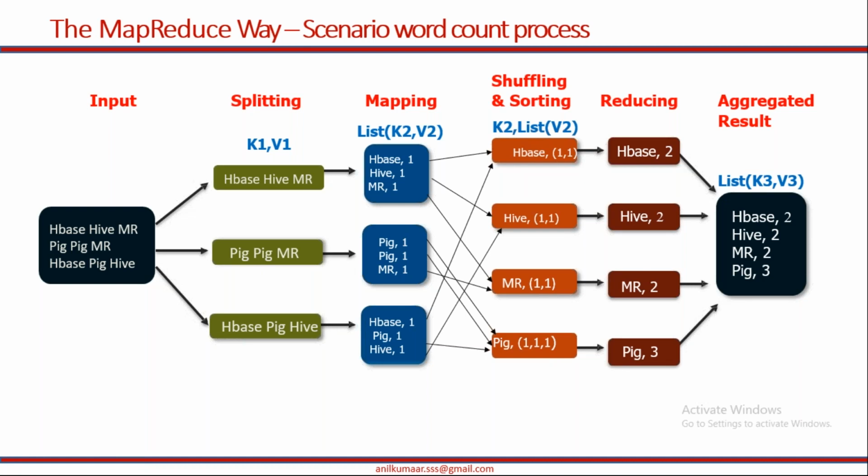That is, the occurrence of each word in a given data set. For this problem statement, what are the various phases involved internally to get this output? This is the input, and this is the final output.